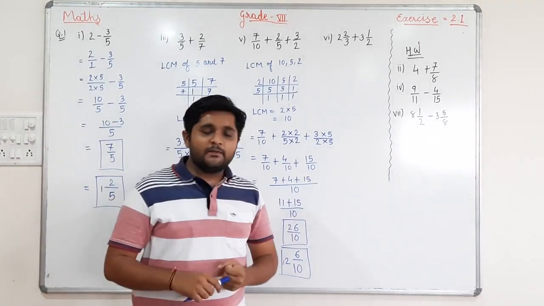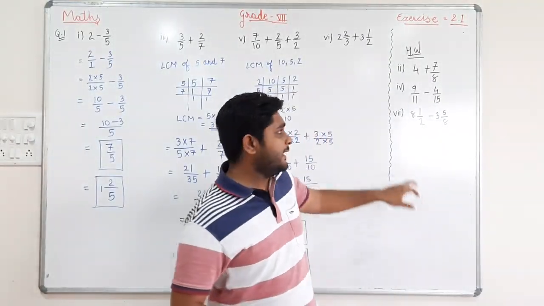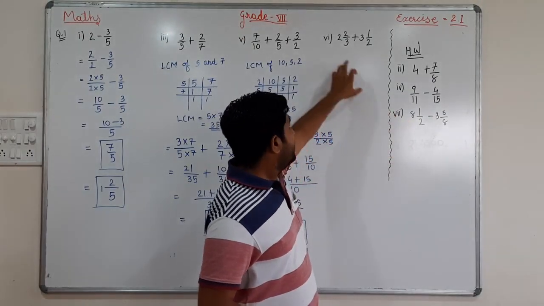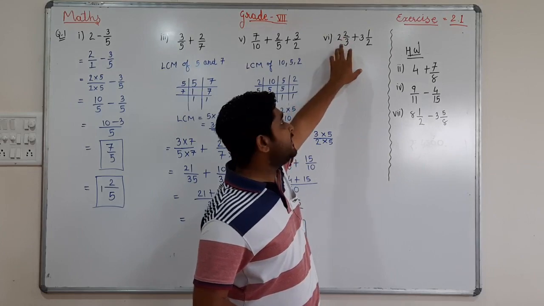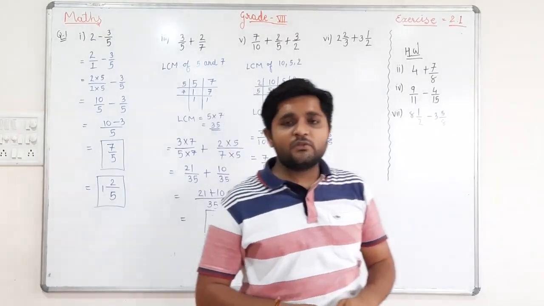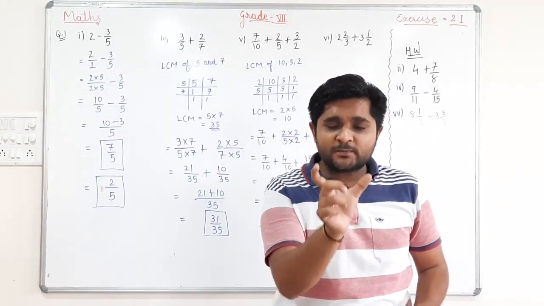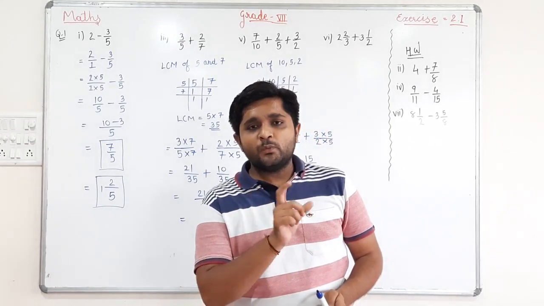Now let me see question number 6. So question number 6 is 2 integer 2 by 3, a mixed fraction, plus 3 integer 1 by 2, which is also a mixed fraction. So 2 mixed fractions are given and we have to do the addition of these 2 mixed fractions.